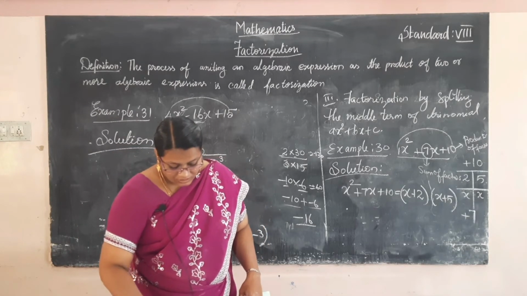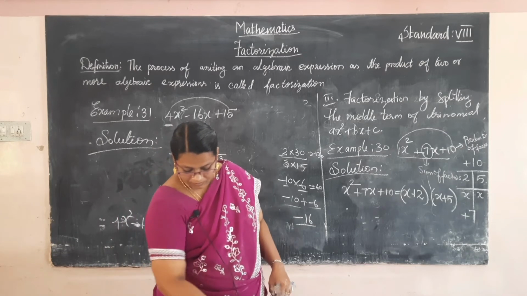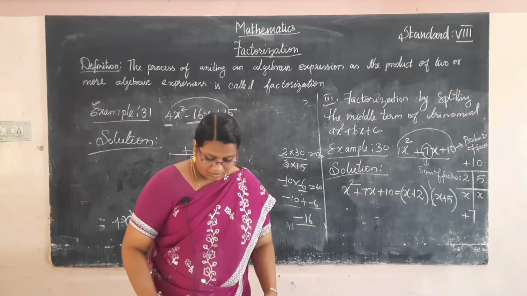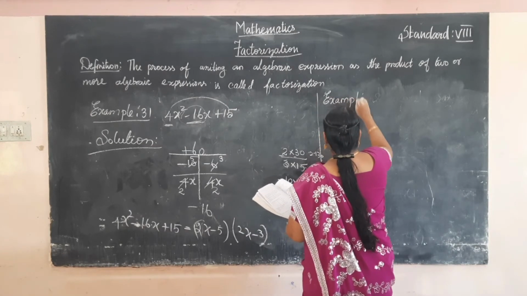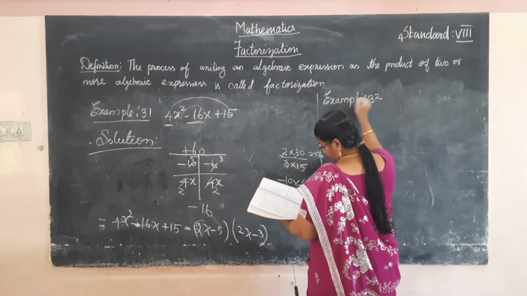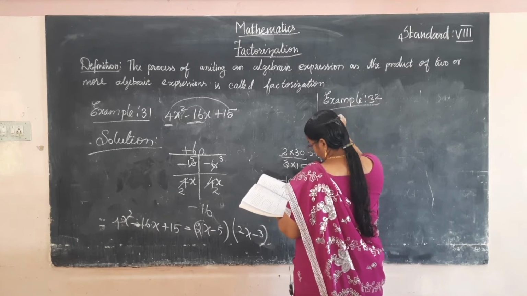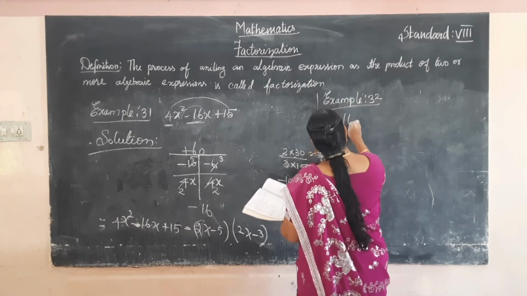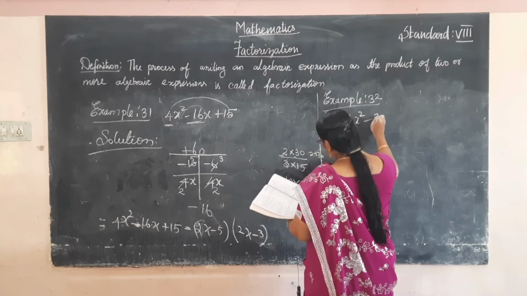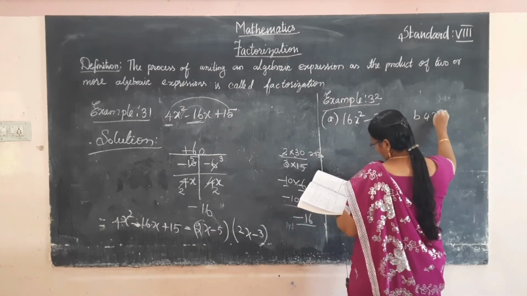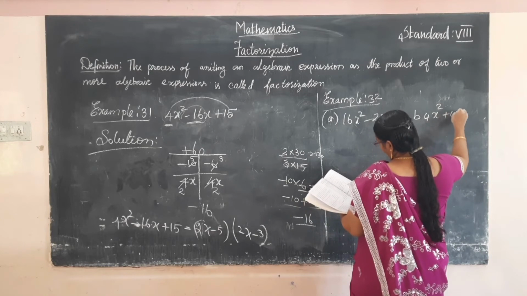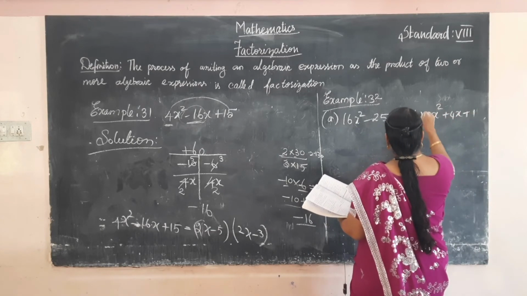And the next example, 32. A problem: 16x squared minus 25, and B problem: 4x squared plus 4x plus 1.